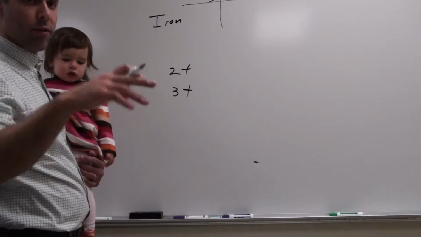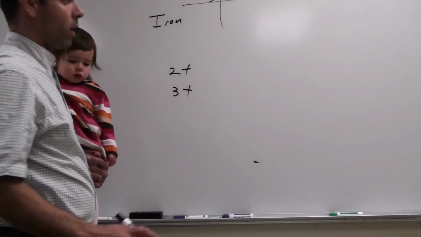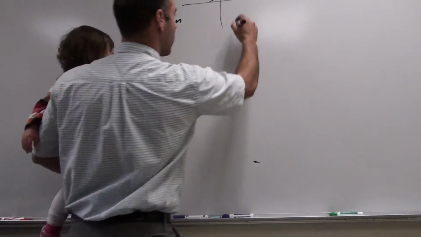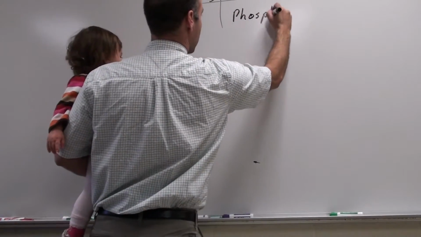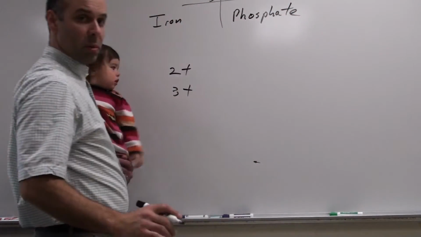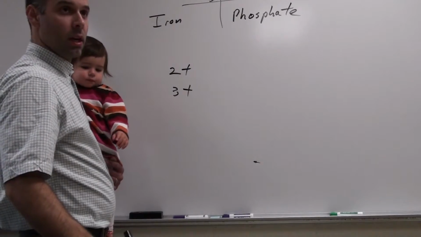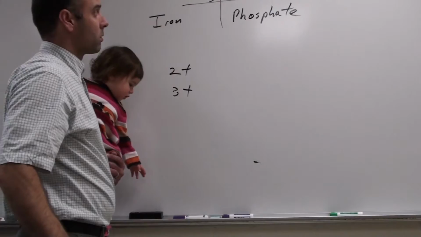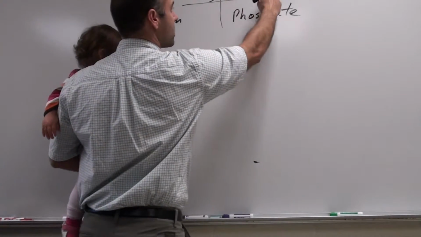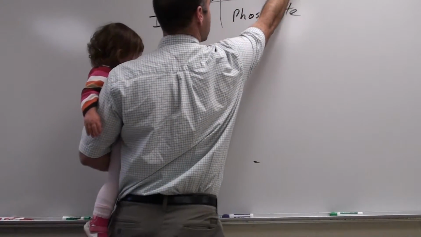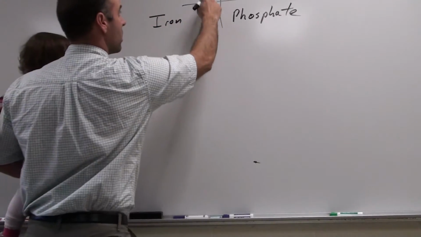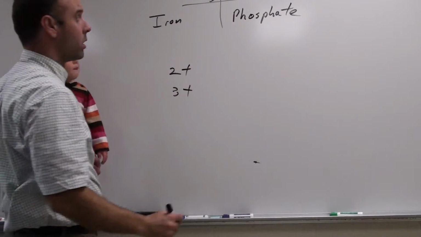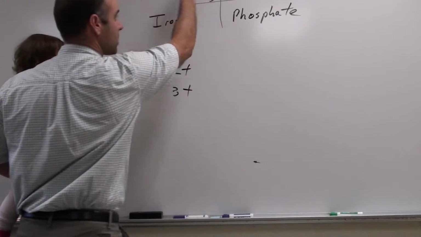Phosphorus is part of the gang of 4. Phosphorus wants 4 oxygens. So it wants 4 oxygens, it has 4 oxygens. The name of it would be phosphate. Now the charge on phosphate is a -3. So in order for this to balance, 2 times a -3 is a -6. 3 times, it would have to be a +2 in order to get a +6 in order to balance out.